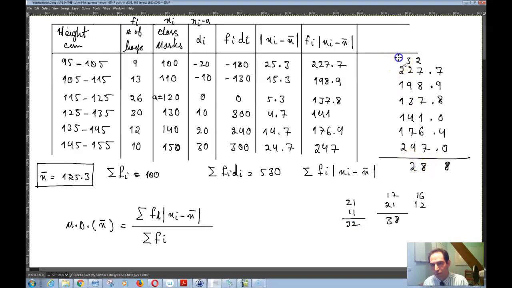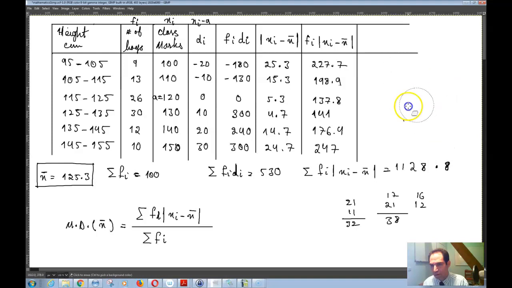So you get this number over here. So sigma f of i times this whole thing is equal to 1128.8.